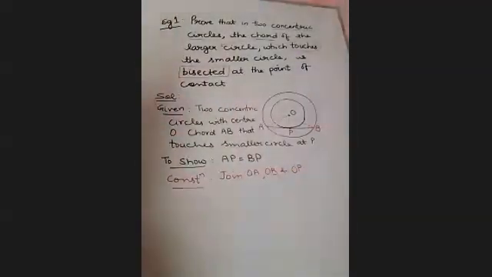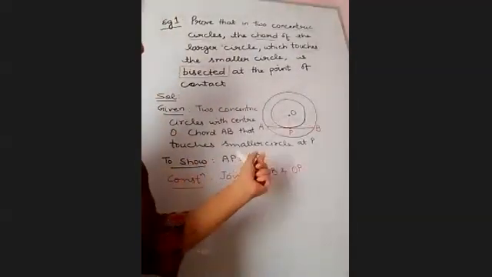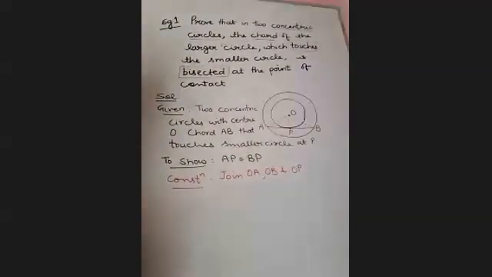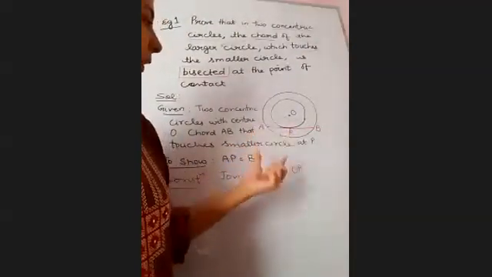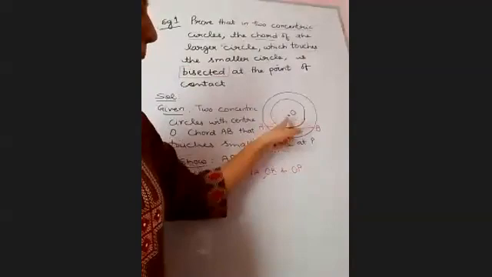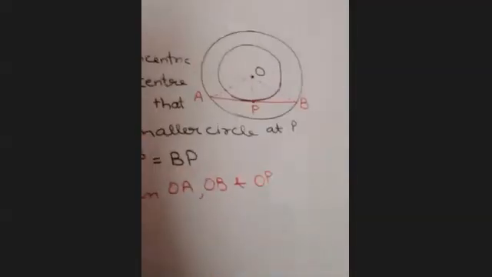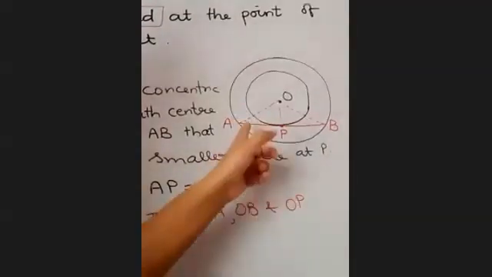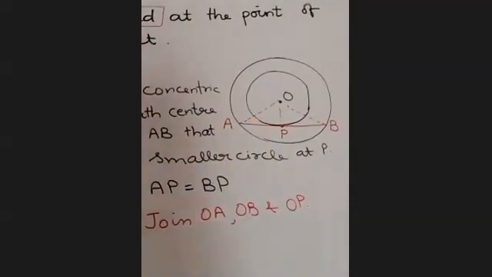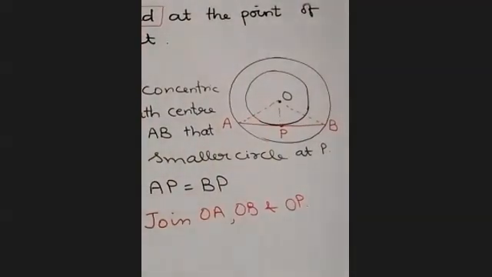Now to show that AP is equal to BP, we will be proving that triangle AOP and triangle BOP are congruent. Let us see how. Because we have OA equal to OB.